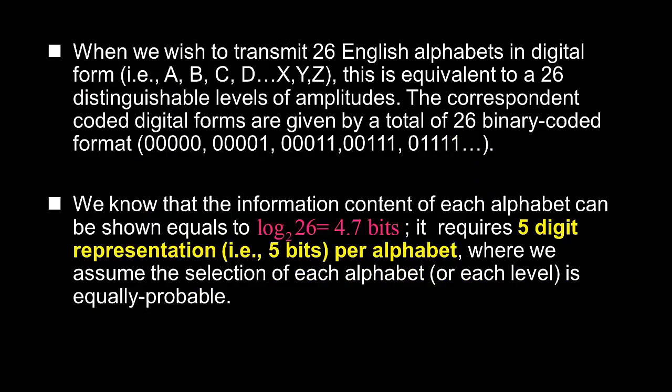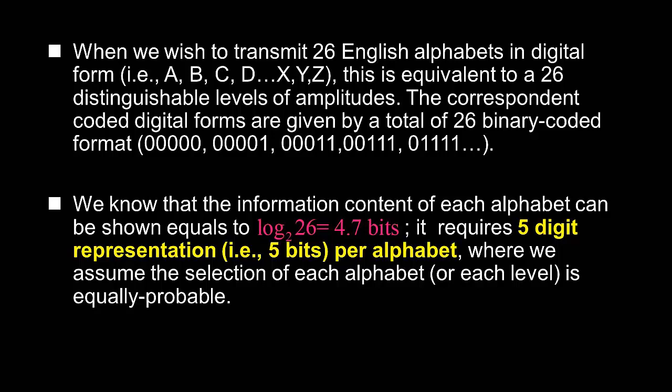When we wish to transmit the 26 English alphabet letters in digital form from A to Z, this is equivalent to 26 distinguishable levels of amplitude. The corresponding coded digital forms are given by a total of 26 binary coded formats.